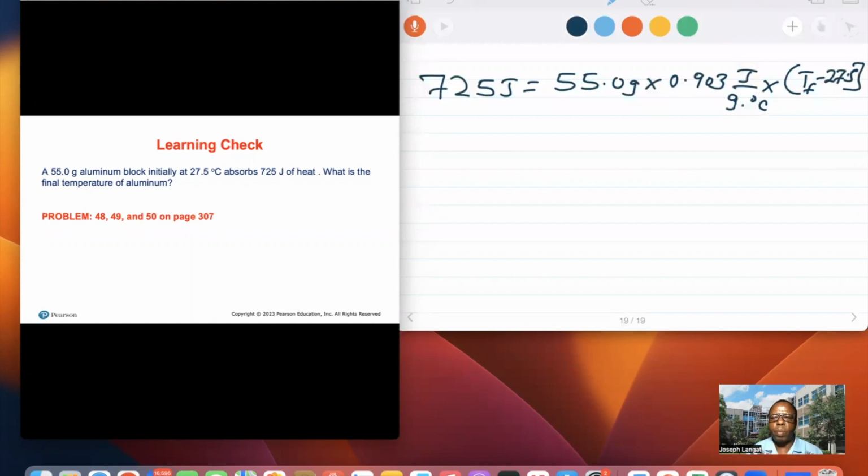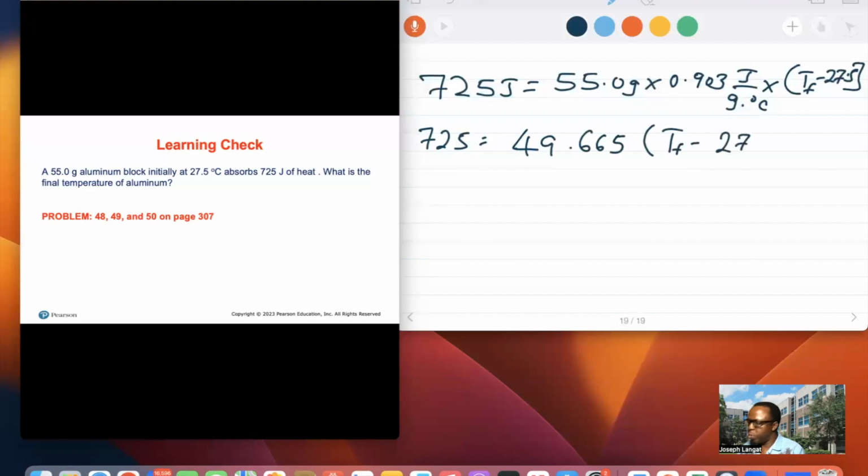If we crunch the numbers, 725 equals 55 times 0.903, which is 49.665, times T final minus 27.5.